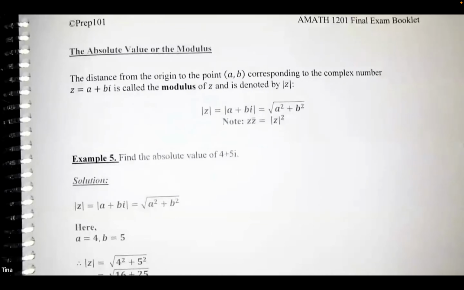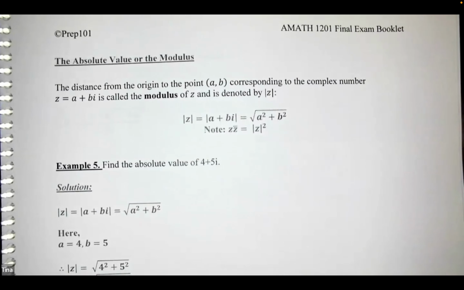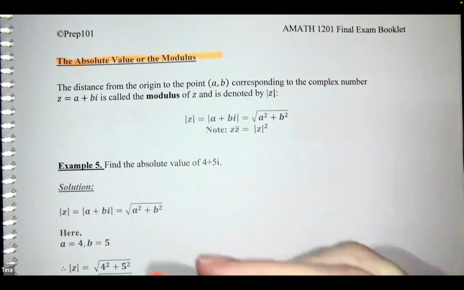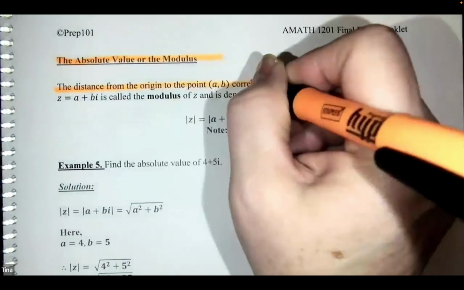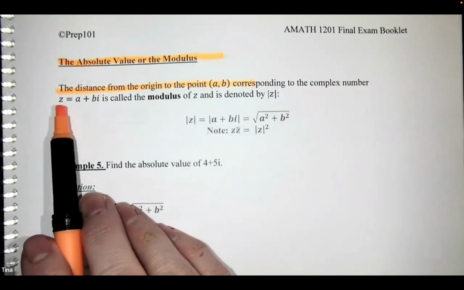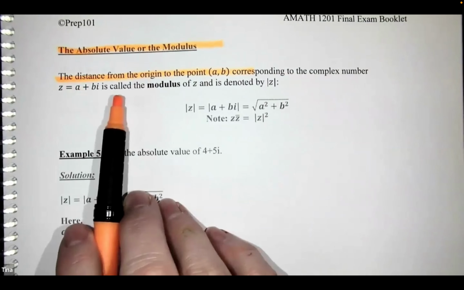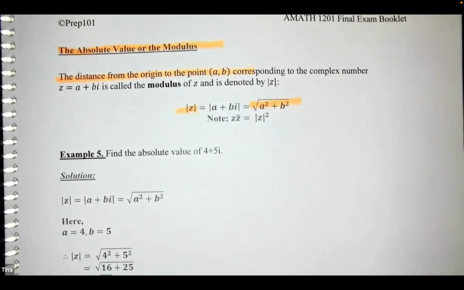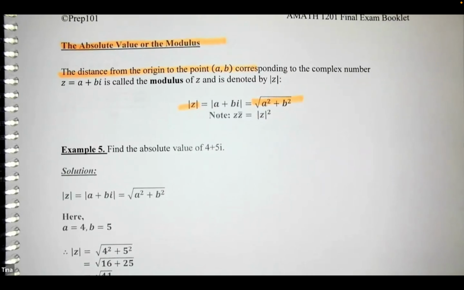Okay. So the absolute value or modulus of a complex number, what's that? Well, the absolute value or modulus is the distance from the origin, okay? So if we see complex numbers, that is a plus bi, the modulus or the absolute value is just going to be the square root of a squared plus b squared.